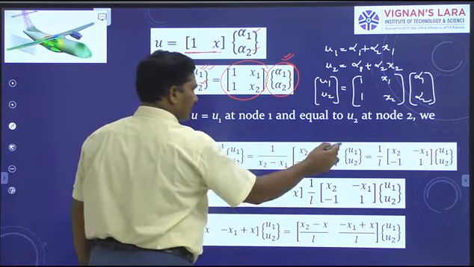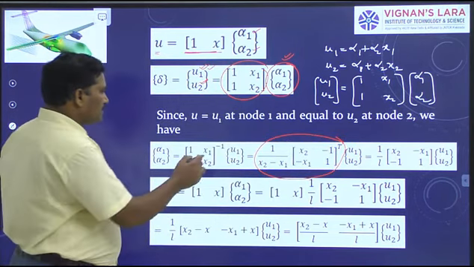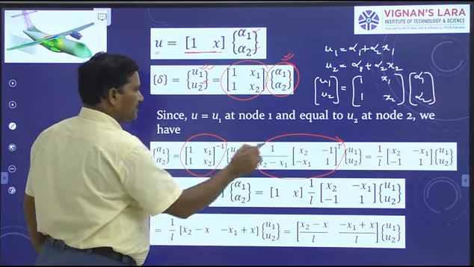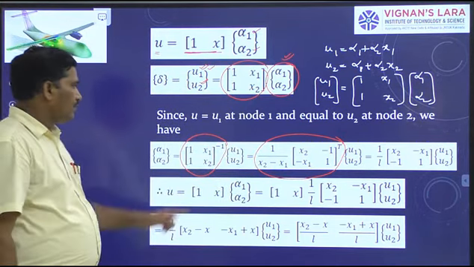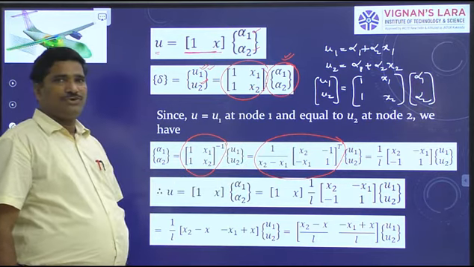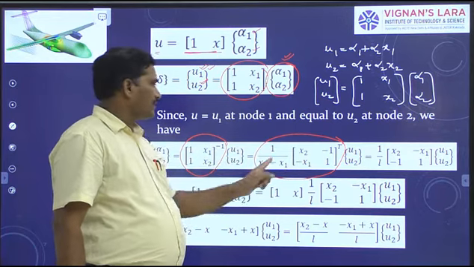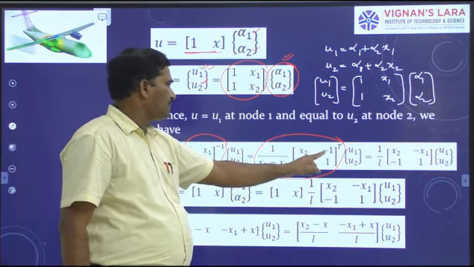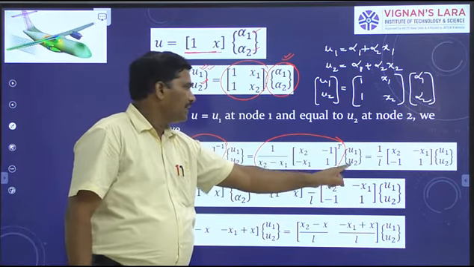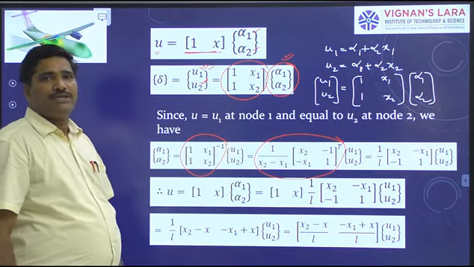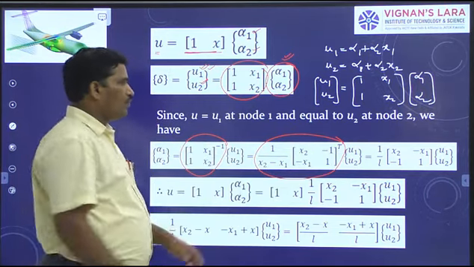I hope you understand this. The inverse of this matrix is this. Okay? 1 by x2 minus x1 into the transpose of a 2 by 2 matrix having the elements x2, minus 1, minus x1, 1, into again a column matrix having the elements u1 and u2.